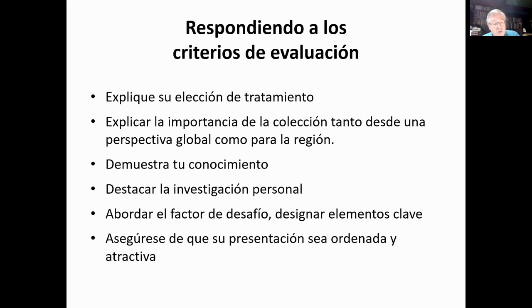At many shows now, the importance category, the 10 points, is split 5 and 5, 5 from a global perspective and 5 from a regional perspective. And many exhibitors will try to justify their importance on each of those categories.